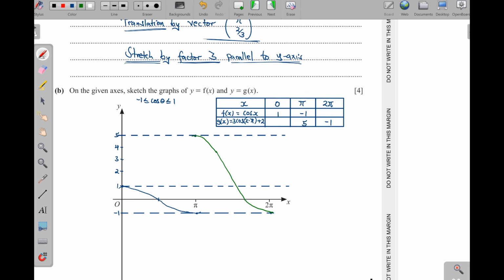So if it is proceeding, then it will go like that. You get it? Because this is the minimum, but you don't go beyond that point there. So I can label them that this is my y, which is equal to the g of x, and this is my y, which is equal to the f of x. So that is that.